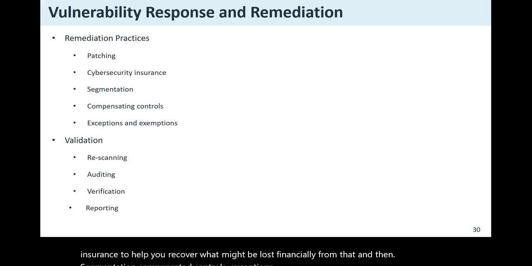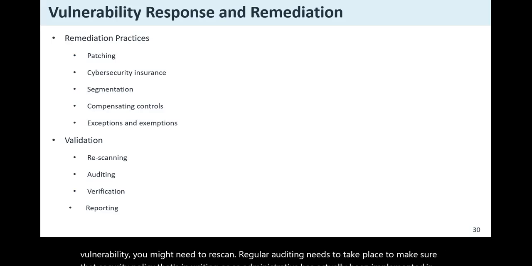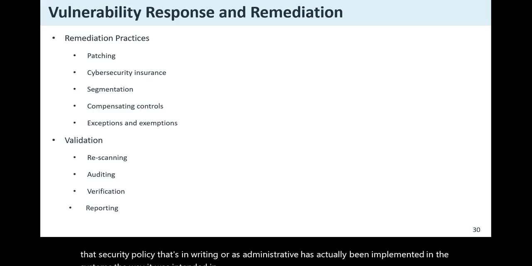And then with validation, you could rescan. After you've scanned, found a vulnerability, and mitigated the vulnerability, you may need to rescan. Regular auditing needs to take place to make sure that security policy that's in writing or is administrative has actually been implemented in the systems the way it was intended, in a way management, executives, and even shareholders expect.